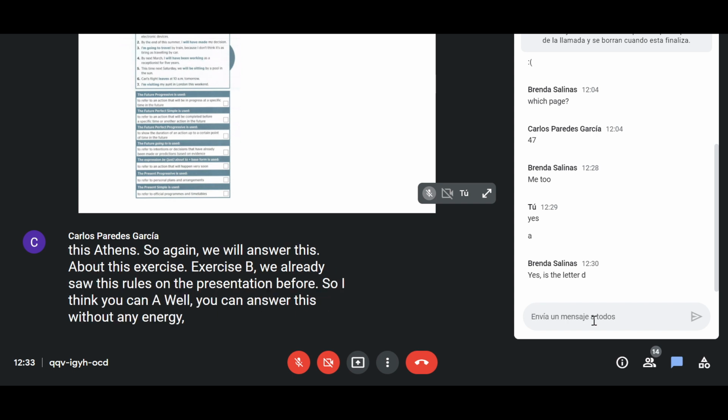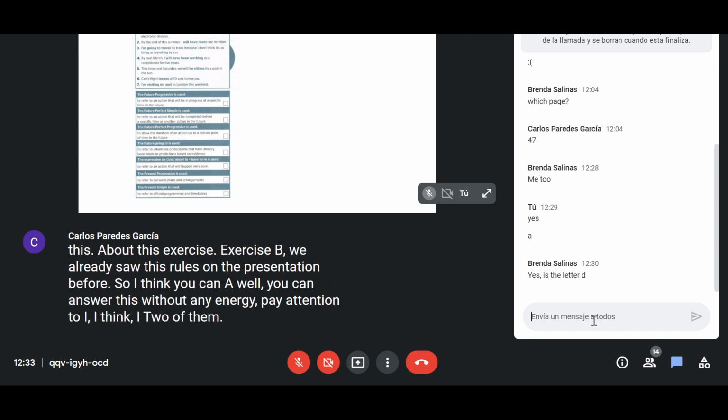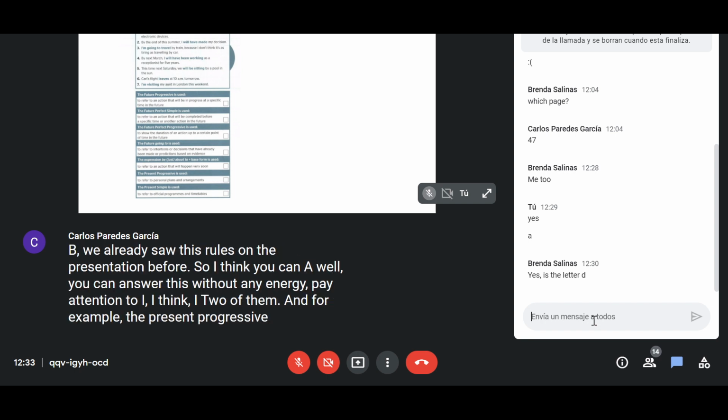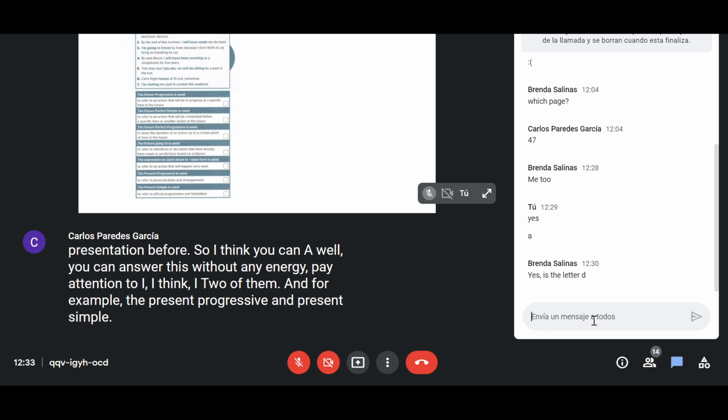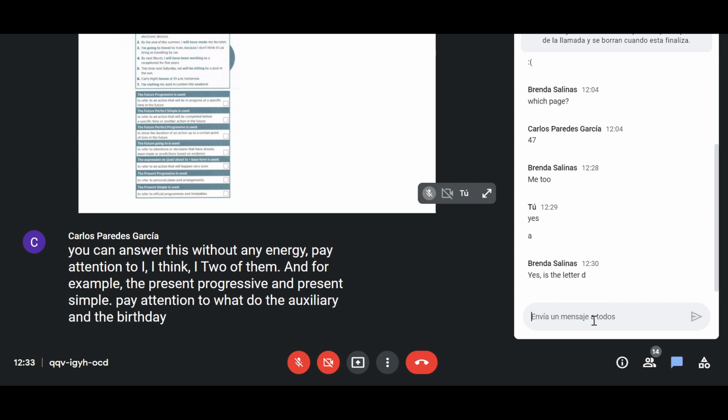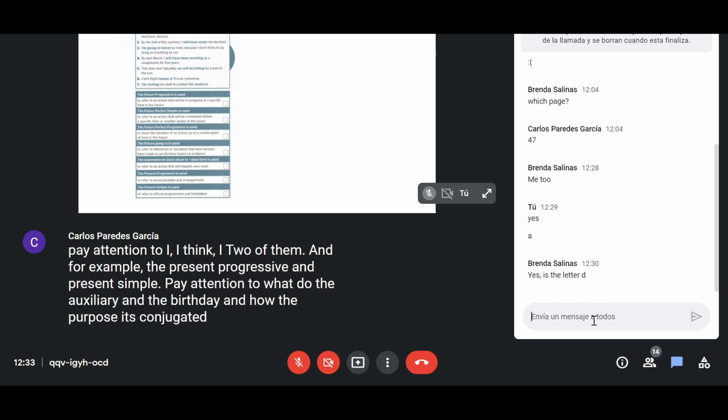Pay attention to two of them, for example, the present progressive and present simple. Pay attention to the auxiliary and the verb, and how the verb is conjugated, to answer this.